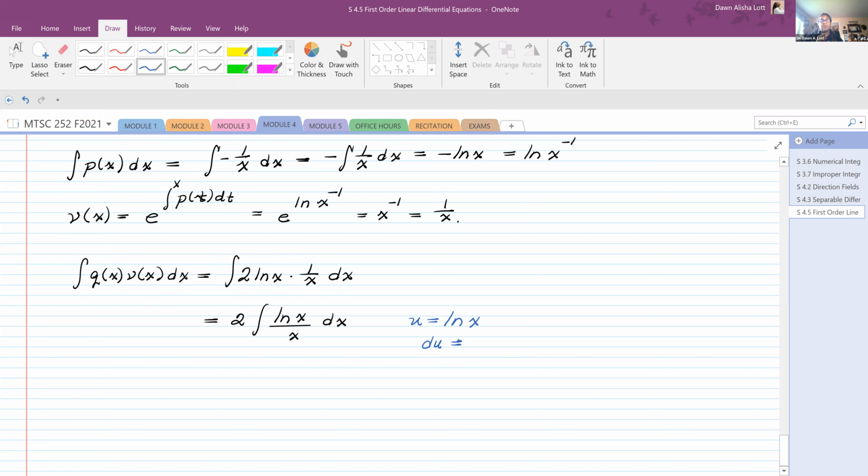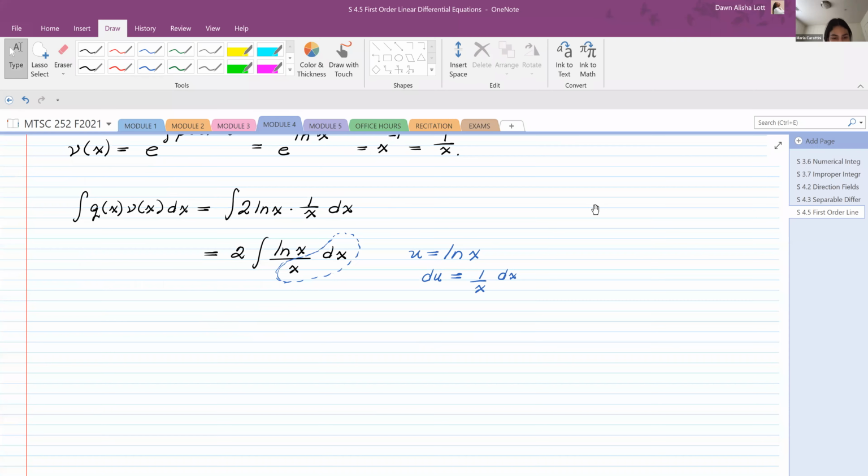Du is the derivative of that thing. 1 over x? 1 over x dx. So do you see my du right there? There's my du. So this is 2 times the integral of u du.